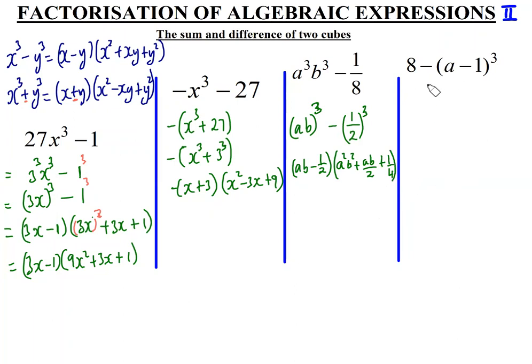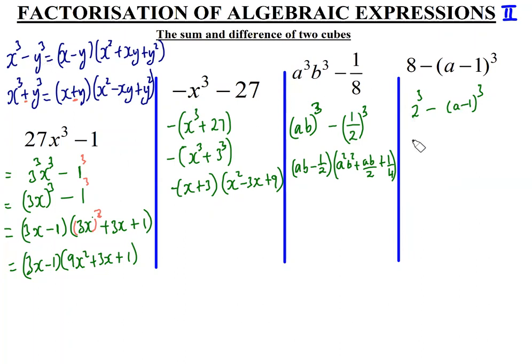What about this one here? What we can see is that we have got 2 cubed minus, we put the bracket there, a minus 1 cubed. Then we are treating a minus 1 as just y. So let's have a look and see.